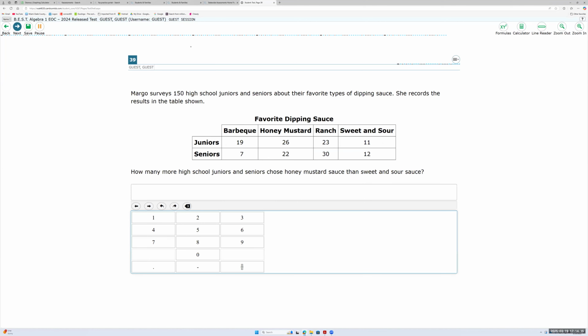Okay, so here the question says, how many more high school juniors and seniors, so both of them, so I have to take into account both boxes, choose honey mustard than sweet and sour. So how much bigger is this number, which is 48, both of them, than this number, sweet and sour, which is 23.